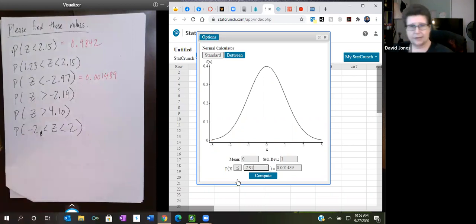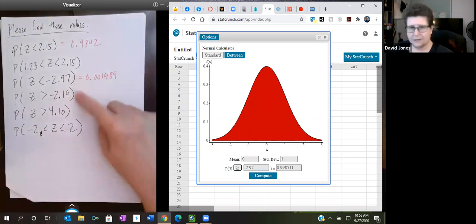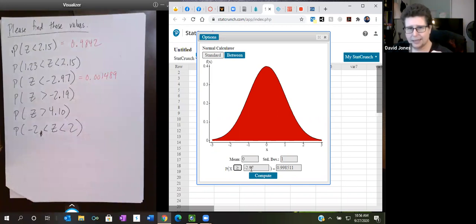Let me do the greater than ones now. Right here, I've got greater than negative 2.19. Let's try that. And notice what it's doing is it's showing me negative 2.19 is right here, and it's shading the region that we're talking about.